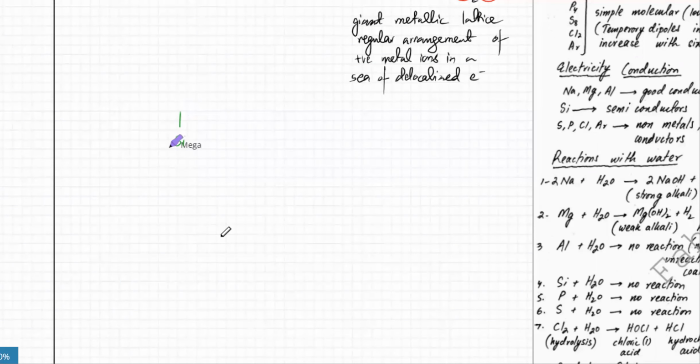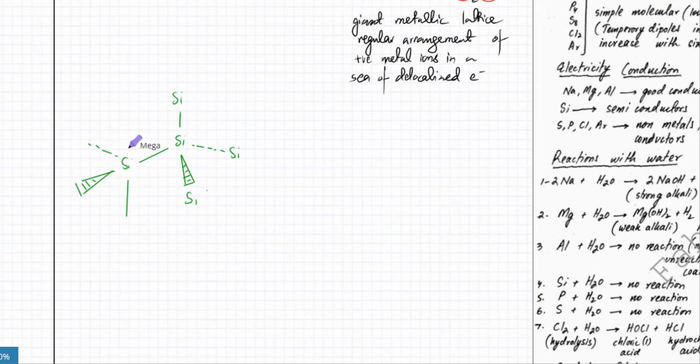It's going to have a tetrahedral structure. And each silicon atom will be bonded to 4 other silicon atoms. And then they would be bonded to 4 other silicon atoms. So it's going to be a tetrahedral structure, and it will just continue endlessly.